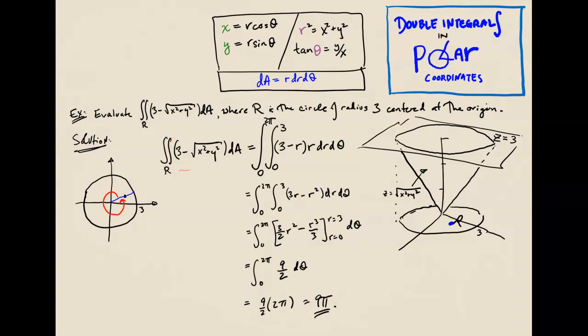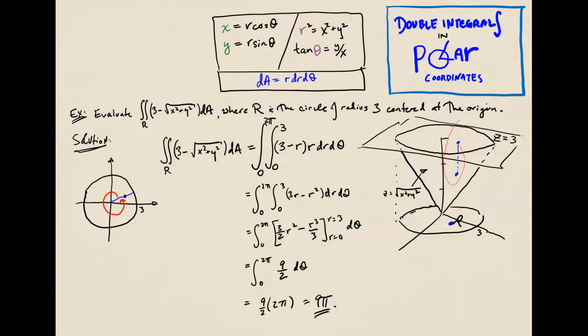I can interpret that geometrically, because the 3 is the constant height from that point all the way up to the plane, z equals 3. But this second term that I'm subtracting off, that's the height from that spot straight up to the cone. So the difference of those two things, that's the big height up to the plane minus the little height up to the cone. Well, if I subtract those, I get something like that.